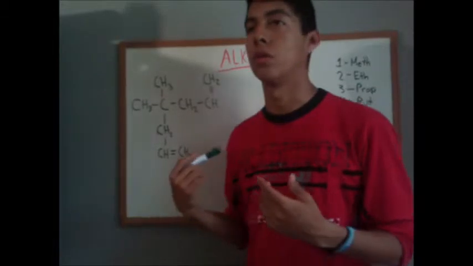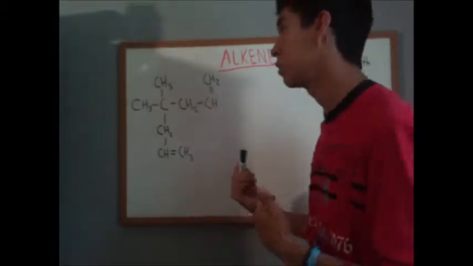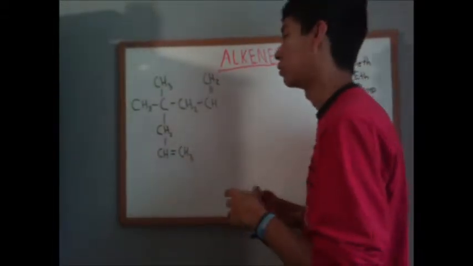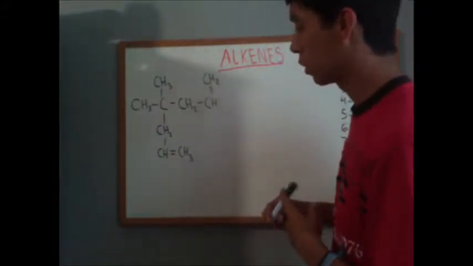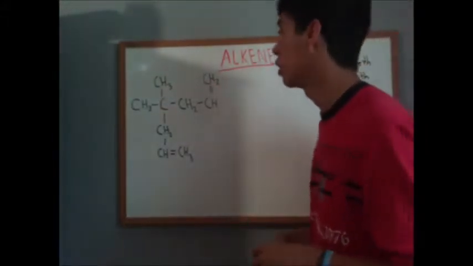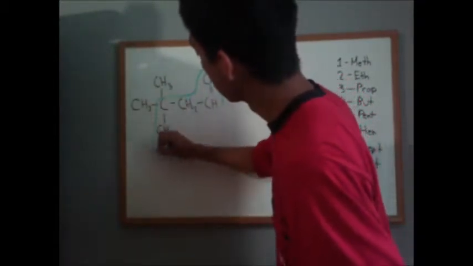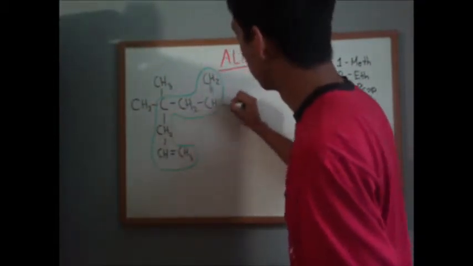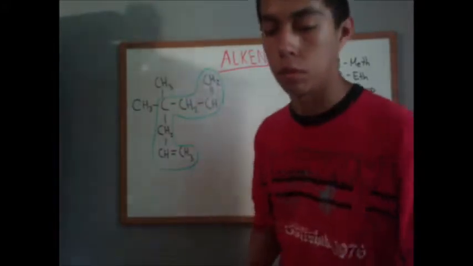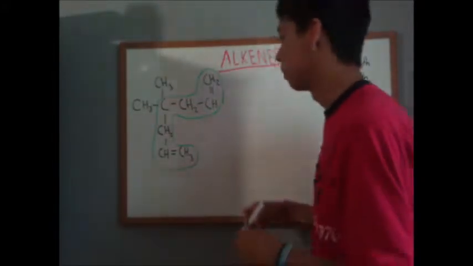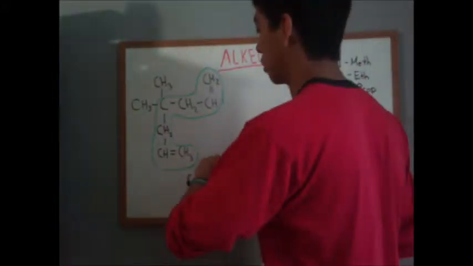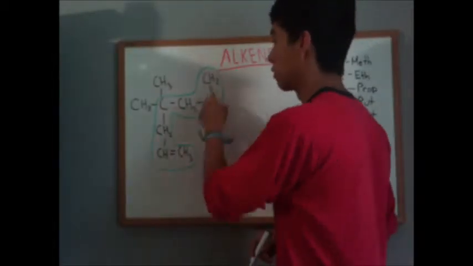And here we've got another example of an alkene. We're going to identify the parent chain and name it using the IUPAC rules. Well, first we're going to identify the parent chain, and obviously it's this one. Then we're going to start naming from the place that is closer to the double bond, and it's the same for both sides.